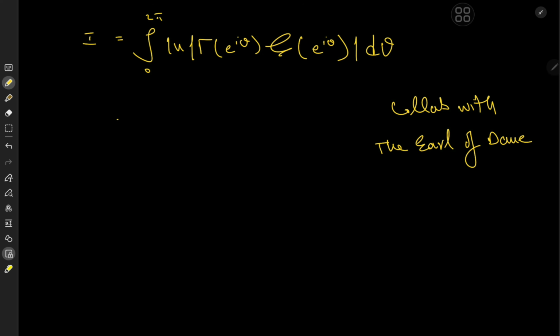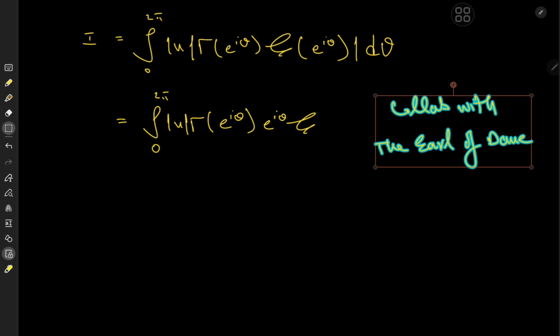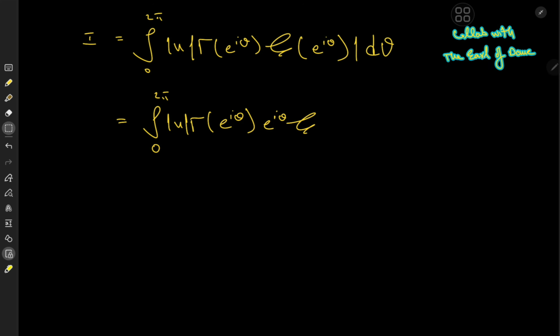So I could just write this as the integral from 0 to 2 pi of log of the absolute value of gamma of e to the i theta times e to the i theta times zeta of e to the i theta d theta.